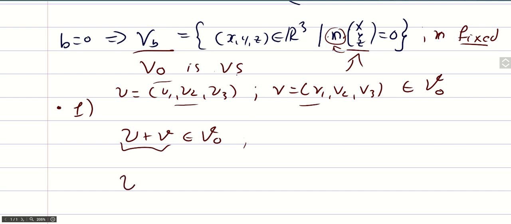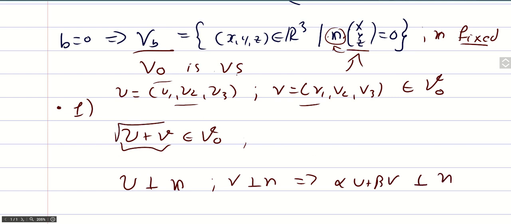So we have that u is orthogonal to n, and also that v is orthogonal to n. Then any linear combination alpha u plus beta v will be orthogonal to n.